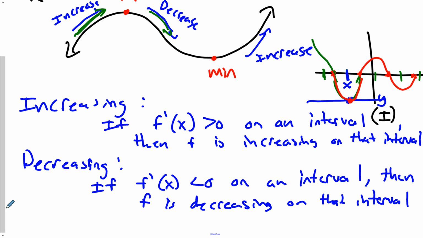So you can take the derivative, set it equal to 0, which you have to do to find these points anyway, and then test it on a number line once you have those critical values. Test to the left and test to the right. If it's negative, you're decreasing until this point, and if it's positive, you're increasing after that point. Basically, that's what you do with the increasing and decreasing test.